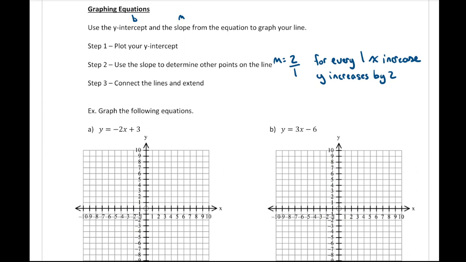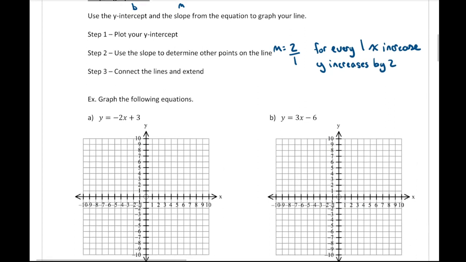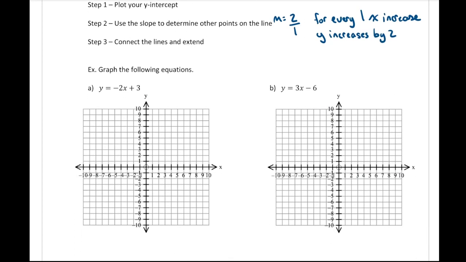So the bottom value, the 1, represents an x increase, and the top value tells us how much the y value increases. We've done this before in our patterns. Basically, this means our pattern is increasing by two shapes for every one position. The third step, once we've plotted other points, is just to extend the line, or basically connect the dots.